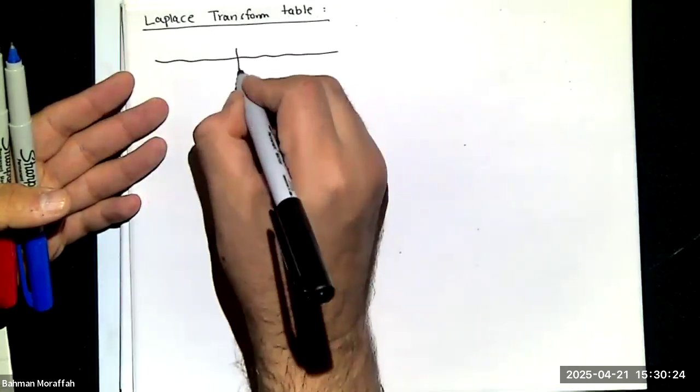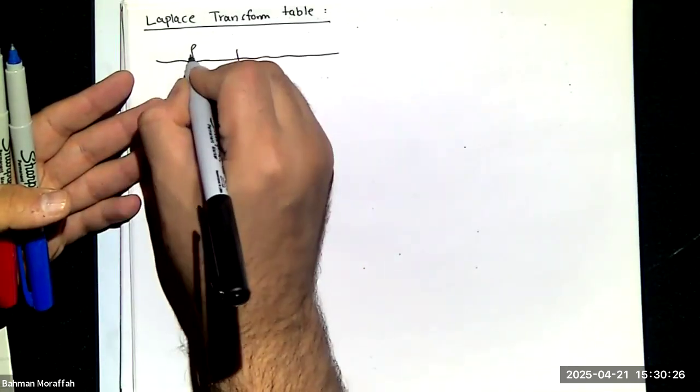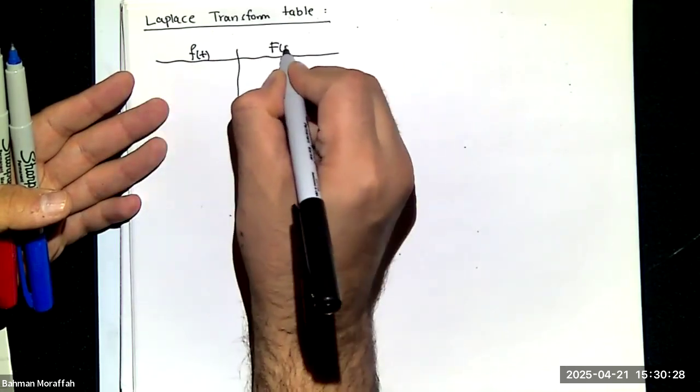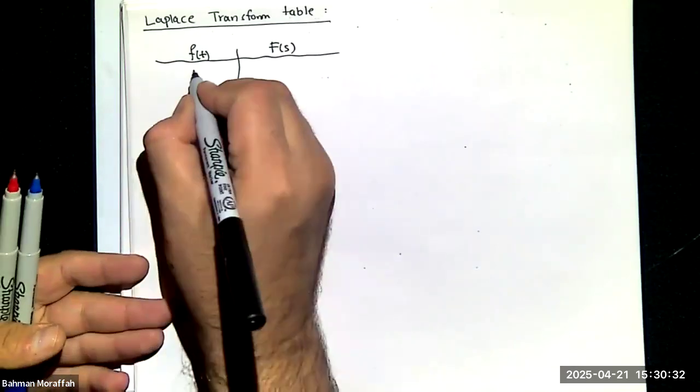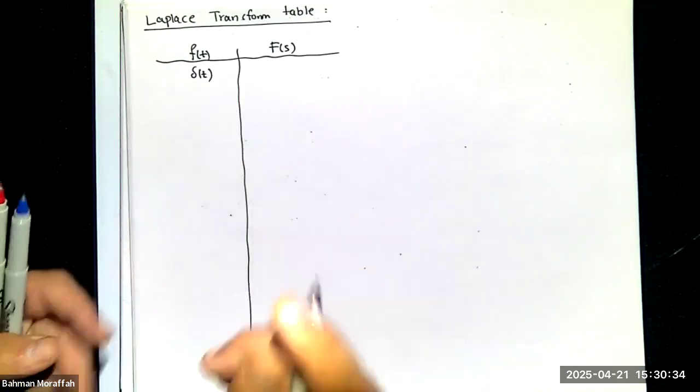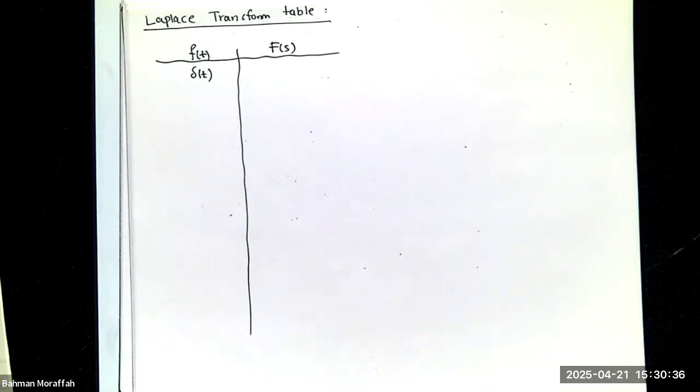Let's just say I am given this function f of t and the corresponding f of s. If the function f of t is delta t, which is a Dirac function, you're going to see this delta function if you're taking signals and systems. It is basically the limit of a pulse when the duration of the pulse approaches 0.